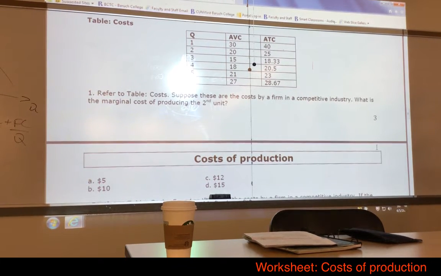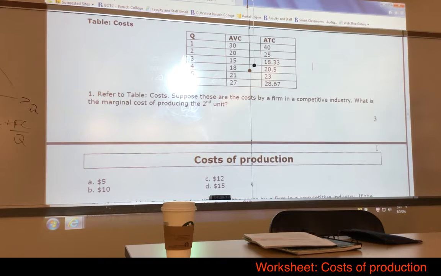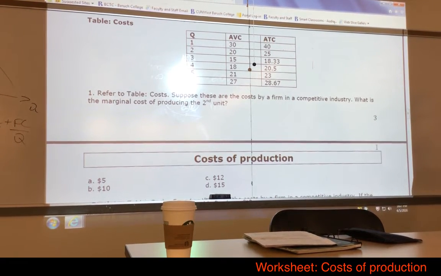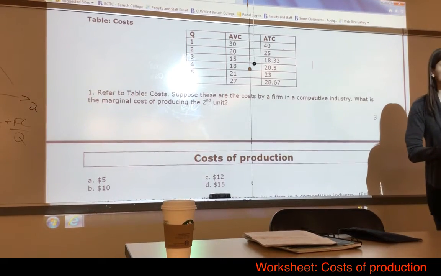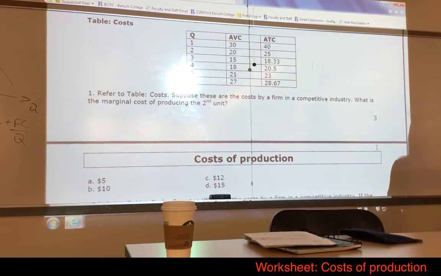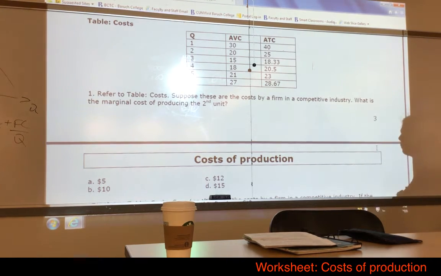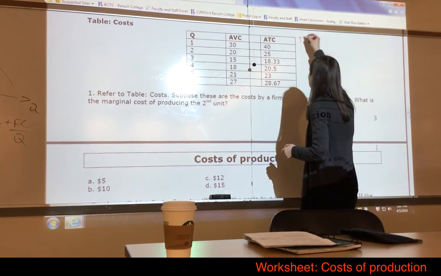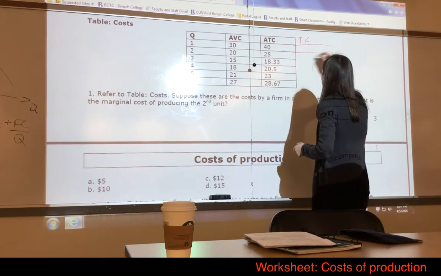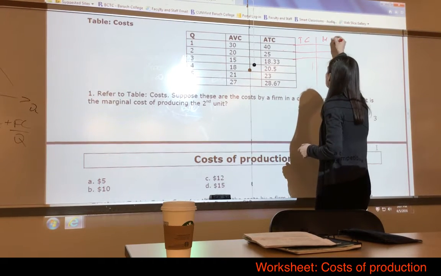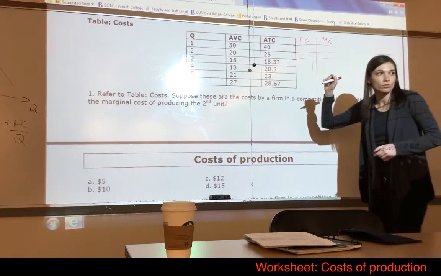Any ideas? What is marginal cost by definition? It is the change in total cost, not average total cost. So we need total cost here, and then we're going to be able to find the marginal cost for each additional unit.